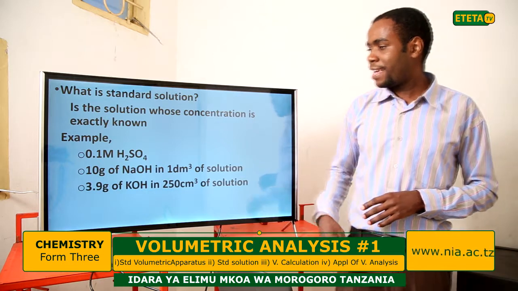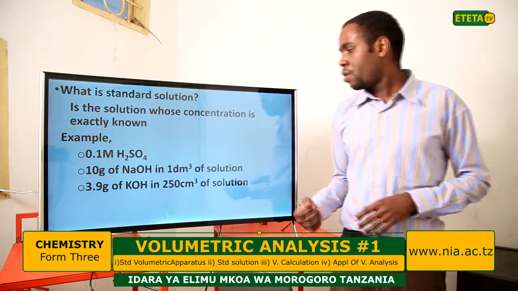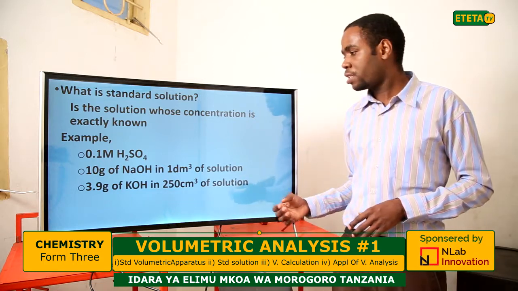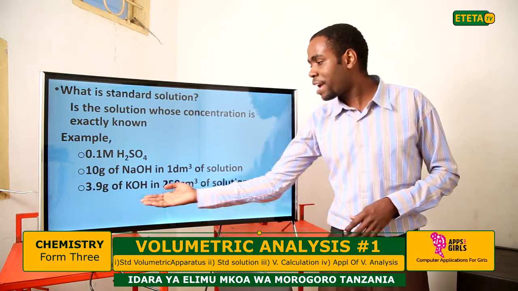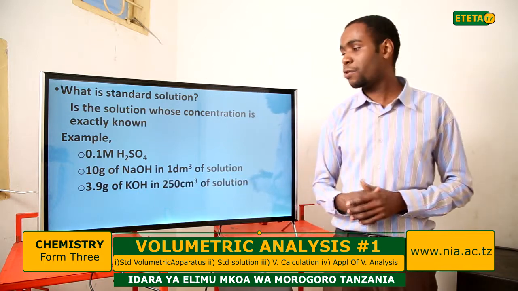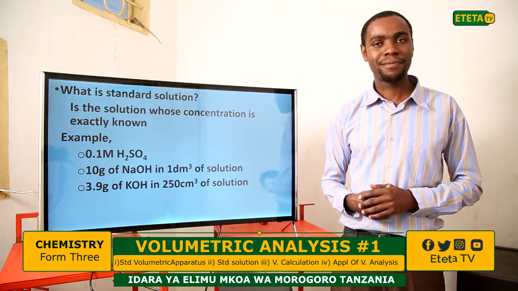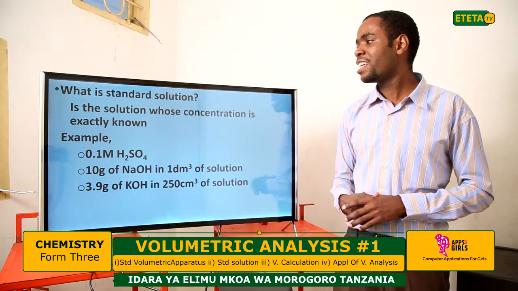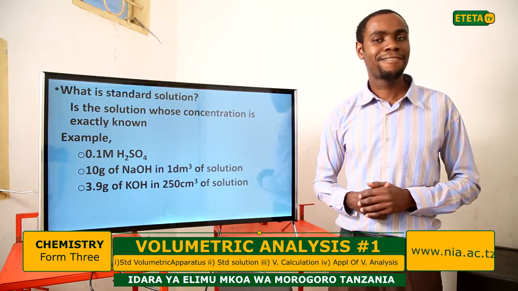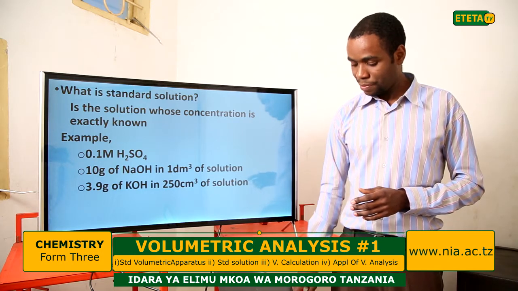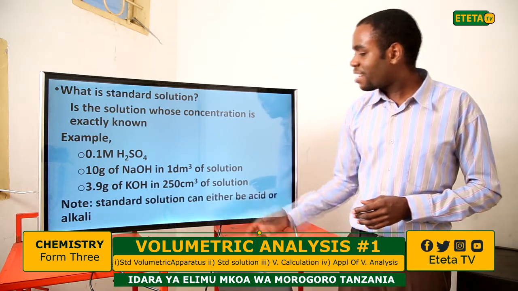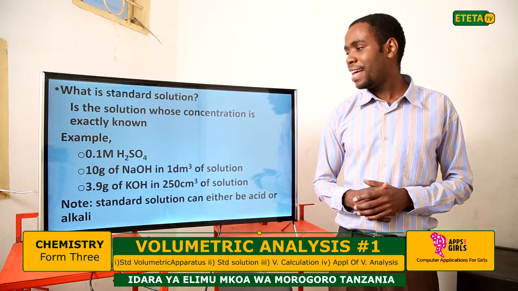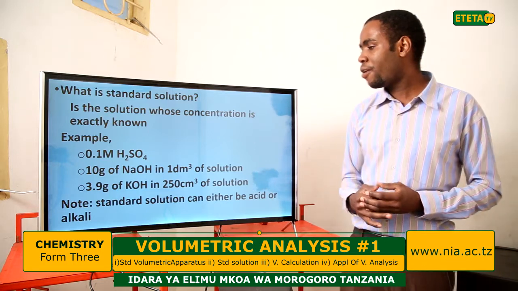Another example, when I say 3.9 grams of potassium hydroxide in 250 centimeter cube of a solution, you can find by calculation the mass concentration of potassium hydroxide because you have a mass and you have a volume. Because the concentration of potassium hydroxide is known, this is a standard solution. Note, a standard solution can either be an acid or a base.